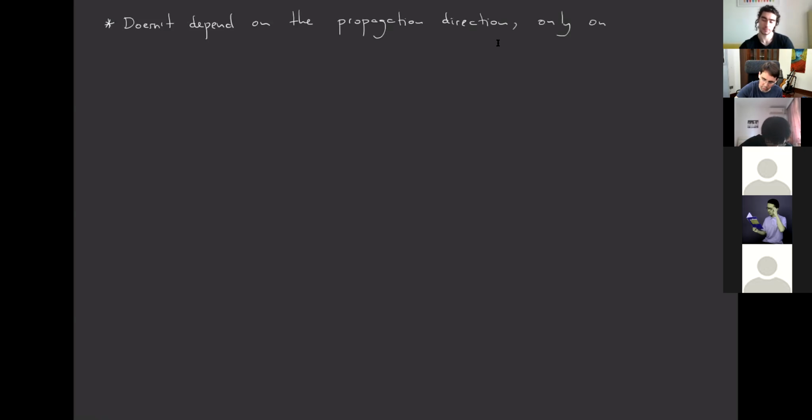So let me point out several things. So the first one is that this probability does not depend on the propagation direction. So only on the absolute value of the wave vector, so on the frequency. So this, of course, we were expecting, but it's very nice to see it explicitly.